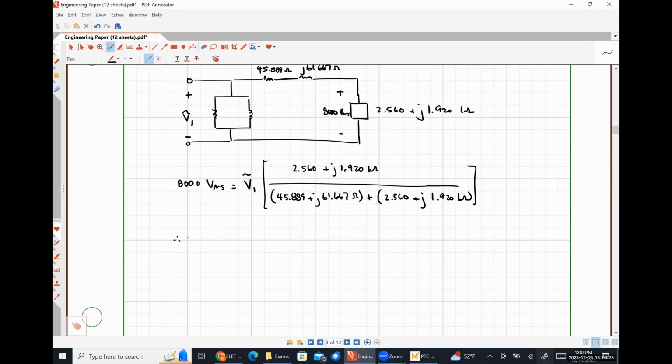And from that, V1 is going to be 8,000 volts RMS times the reciprocal of that ratio.